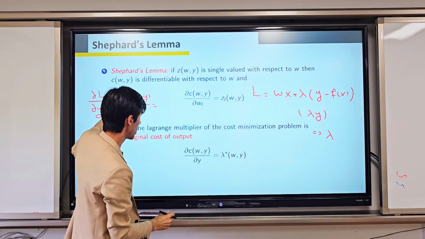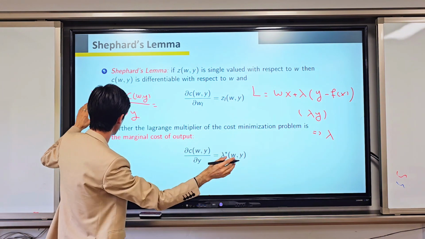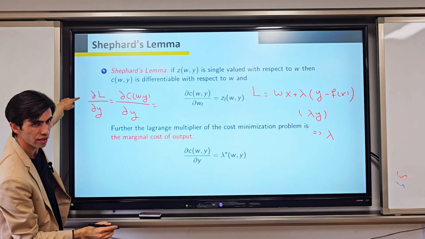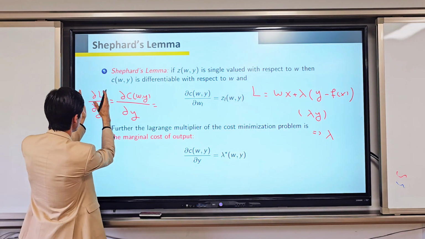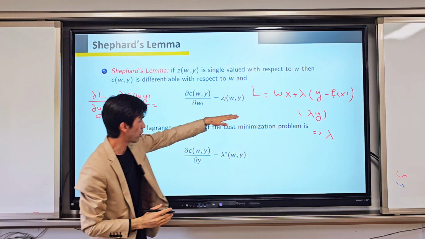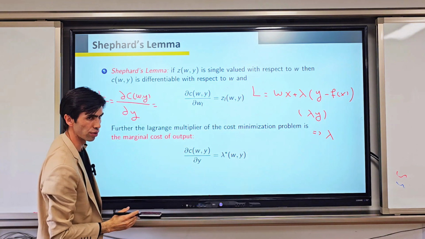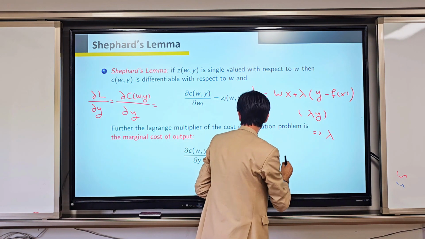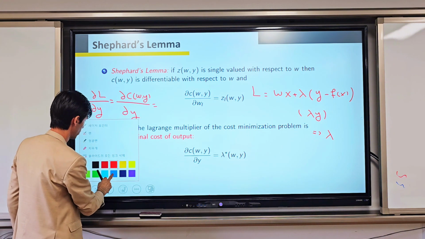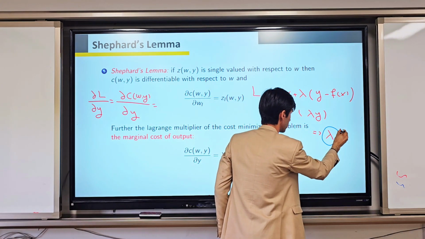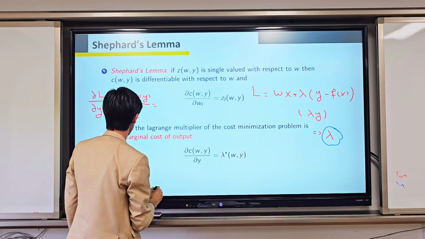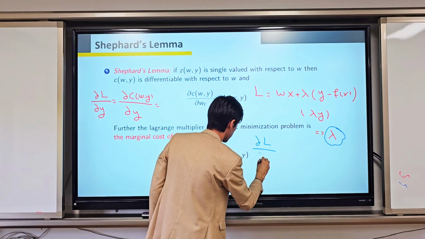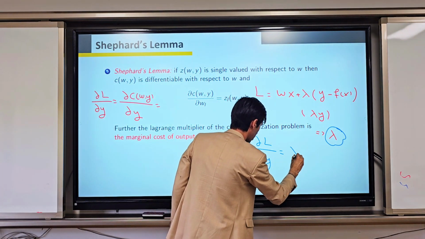So when we take the partial derivative of this Lagrangian with respect to output, we will only remain with this lambda term. So finally, the partial derivative of this Lagrangian with respect to y is equal to lambda.